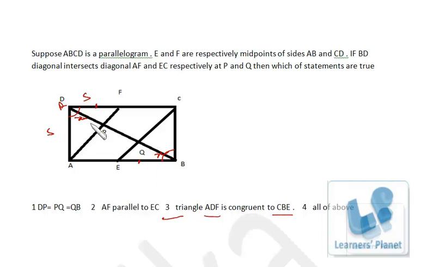Now, if these two triangles are congruent, all the corresponding angles will also be the same. So this side is equal to this side, which means the angle opposite to it and the angle opposite to it will be the same.